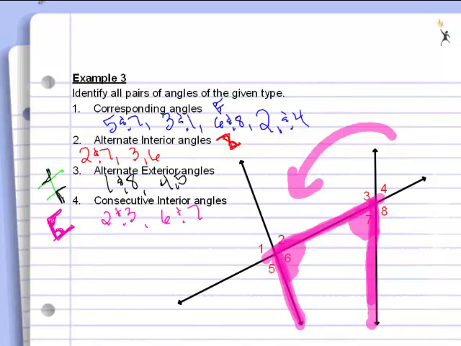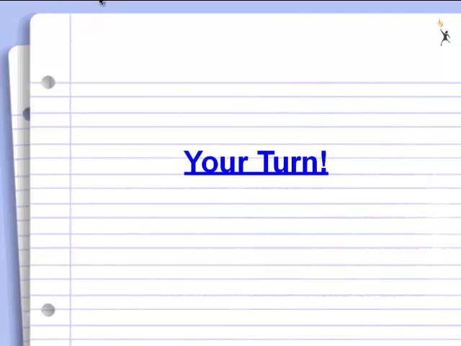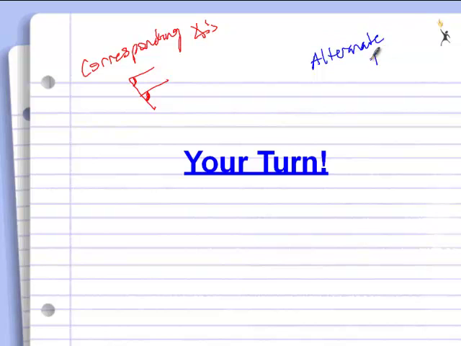Let's review before you look at your homework. One of the first angles that you were dealt with was corresponding. Those form an F of some kind. Maybe it's to the right, maybe it points to the left, maybe it points down, maybe it points up, maybe it's backwards, whatever. Corresponding angles form an F. The next one you were shown were alternate interior angles.